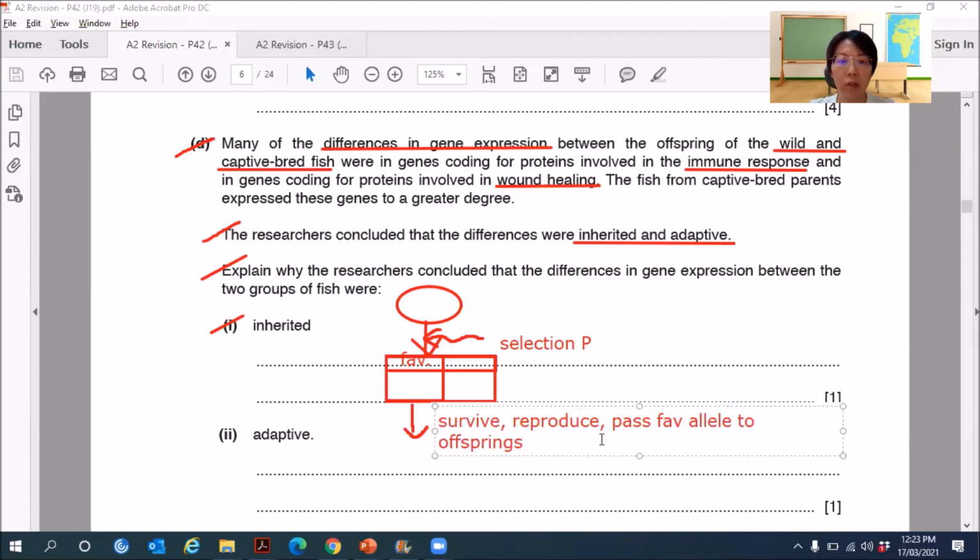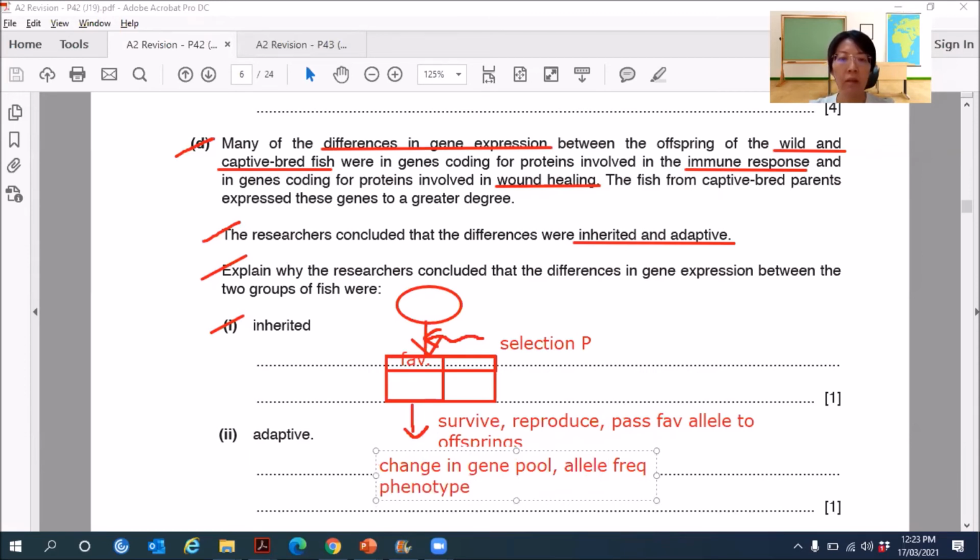So therefore, it leads to a change in the gene pool, allele frequency. So change in the phenotype, okay, into a group that has got better wound healing ability and more resistant to the disease. But this is a 1-mark question. How so? From the basics that you learn, how do you write your answer to score that?